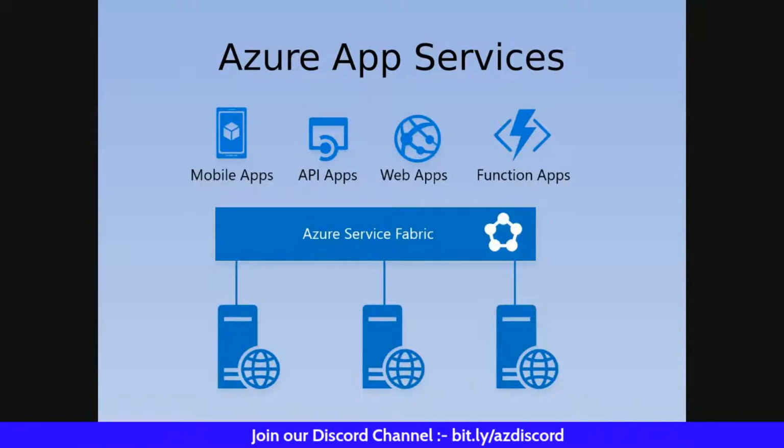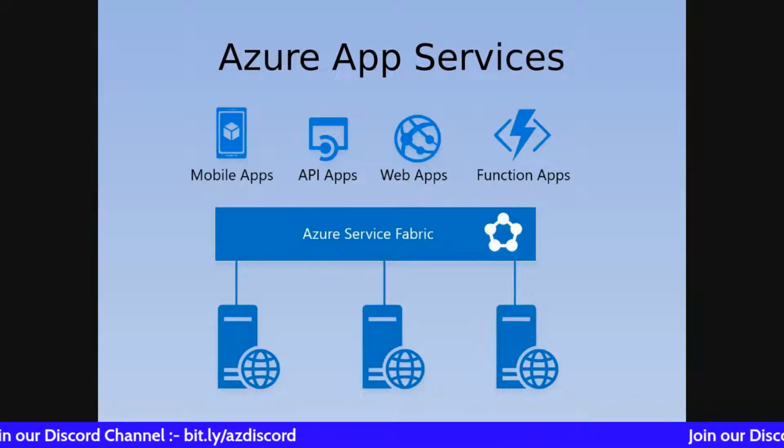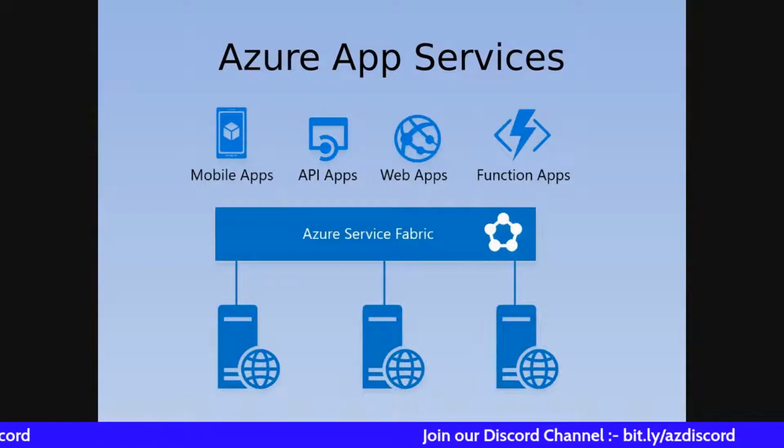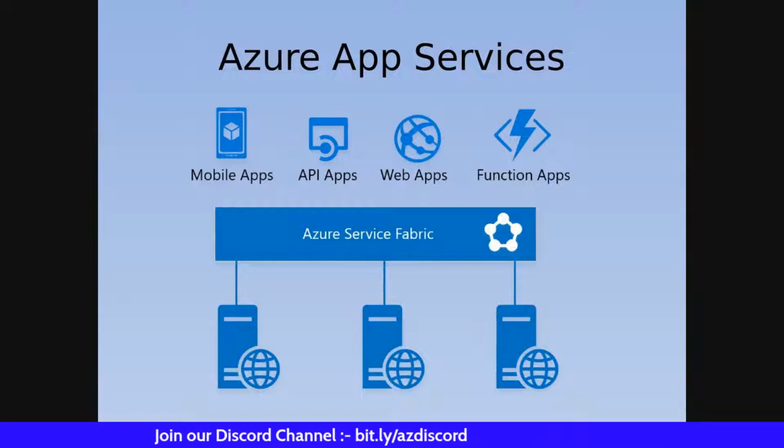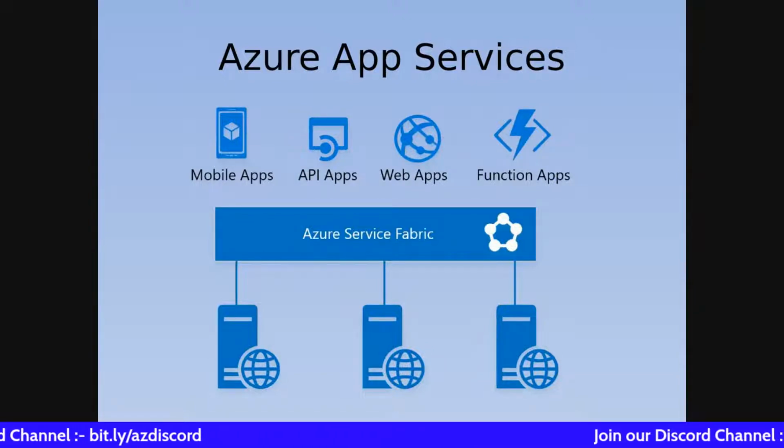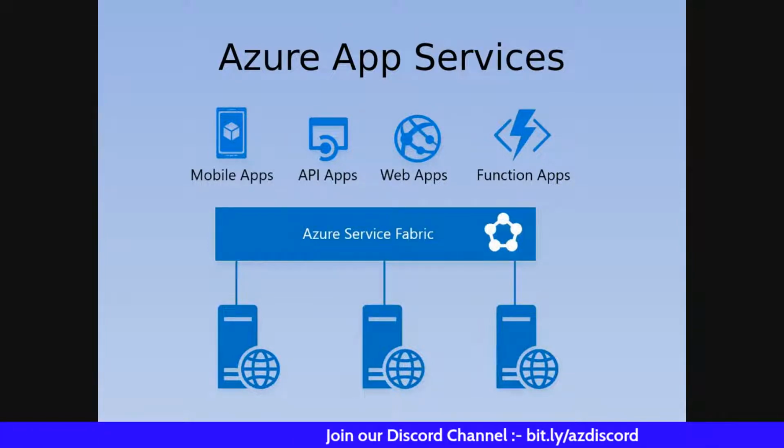It is an HTTP-based service for hosting web applications. You can use REST APIs and mobile backends. You can develop in your favorite language like .NET Core, Java, Ruby, Node.js, PHP, or Python. Unfortunately, I think there is no Golang.